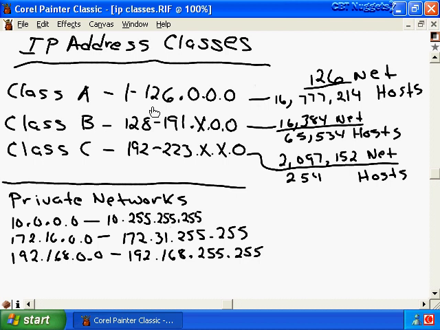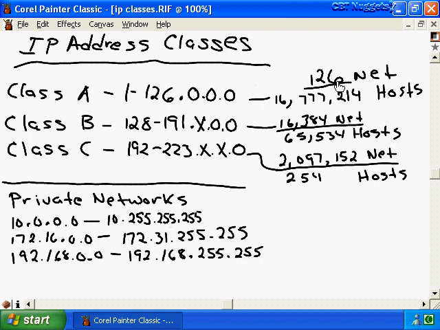A Class A IP address is identified by the range in the first octet of 1 to 126, and a Class A IP address only uses the first octet to denote its network, and that means it can create up to 126 networks, and that leaves 3 octets remaining for hosts, and that means that we can create over 16 million hosts on each of these 126 networks.